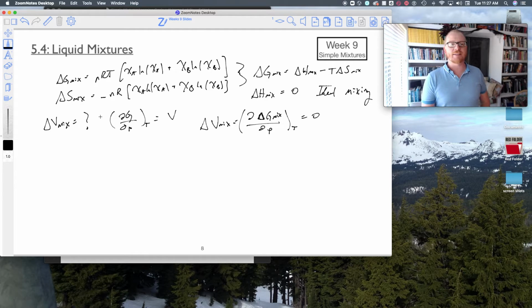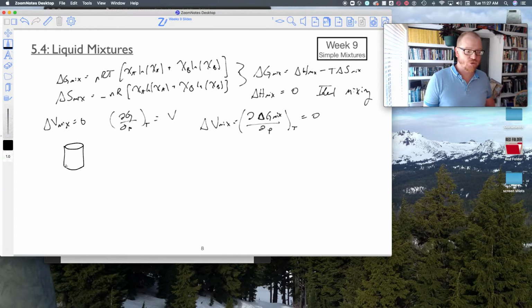So what does that mean to have 0 change in volume for ideal mixing? It's not quite what you think it means. It's a little counterintuitive, the derivatives, but once I draw you this picture, hopefully it'll be very intuitive. So suppose we mix two liquids together and they form an ideal solution.